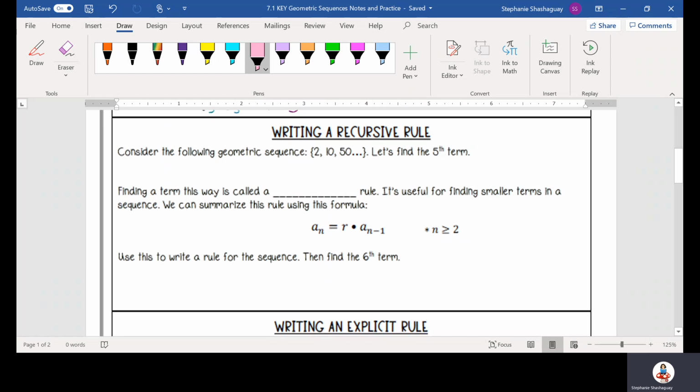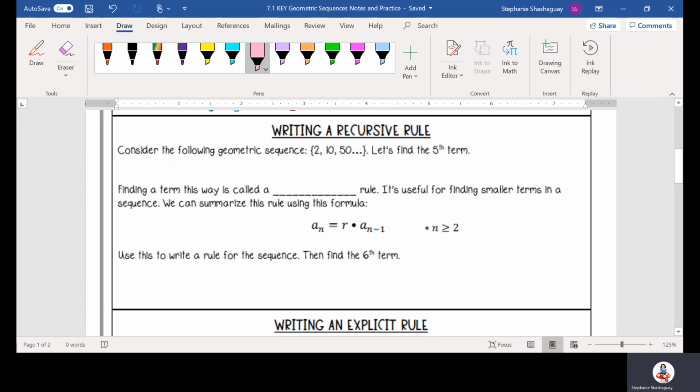When we're talking about sequences, we can either write our equations as a recursive rule or an explicit rule. For the recursive rule, consider the following geometric sequence, 2, 10, 50. Let's find the fifth term.